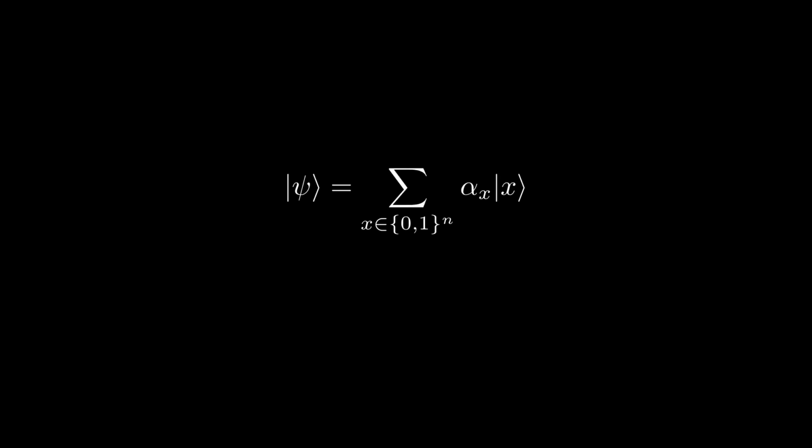The definitions of product states and entangled states generalize accordingly to these systems as well. We denote the vector space for n-qubit systems as C^2 to the tensor power n. Furthermore, just as before, we can either measure all n qubits or we can perform partial measurements of subsets of qubits, and we'll see many uses of this later on.